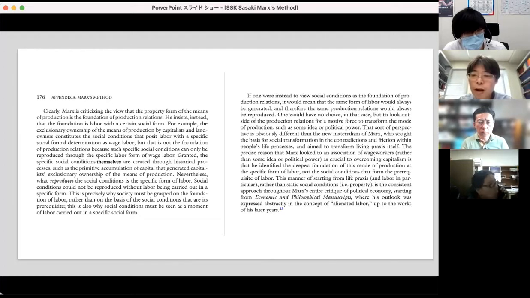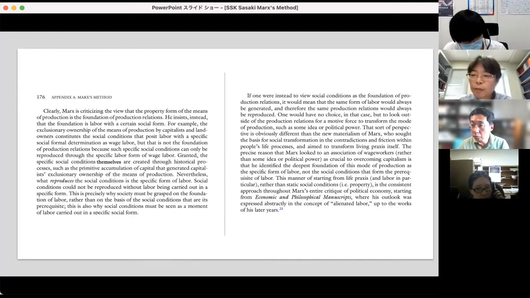If one were instead to view social condition as the foundation of production relations, it would mean that the same form of labor would always be generated, and therefore the same production relations would always be reproduced. One would have no choice in that case but to look outside the production of the production relation for a motive force to transform the mode of production, such as some idea or political power.